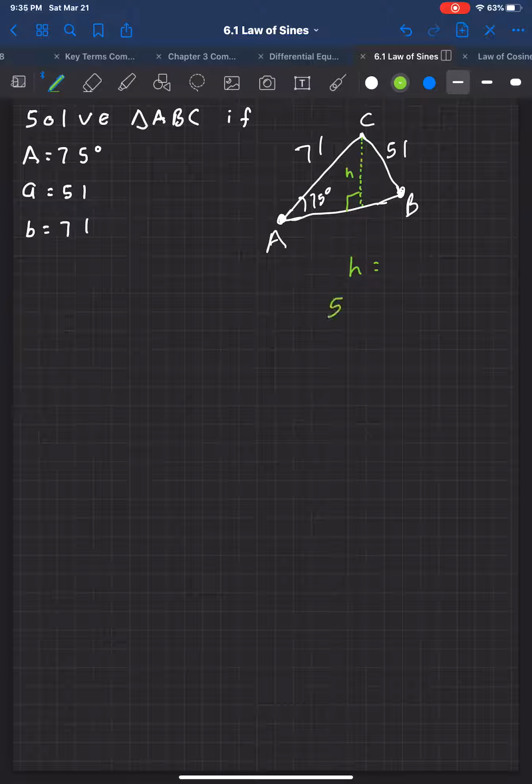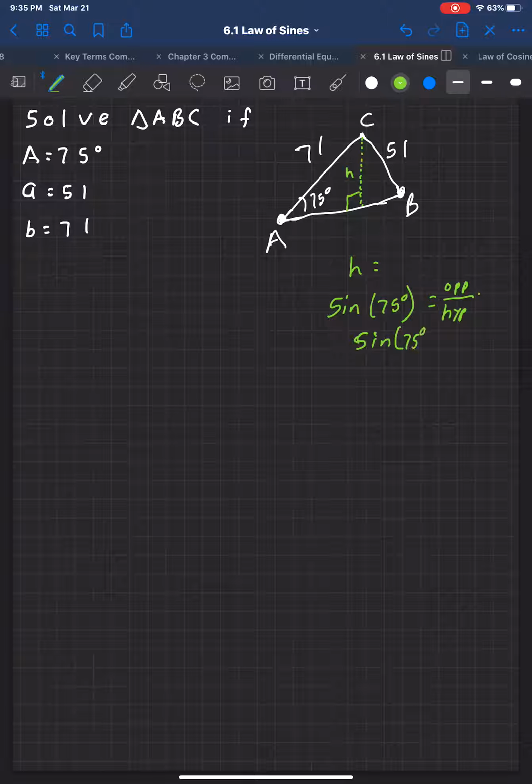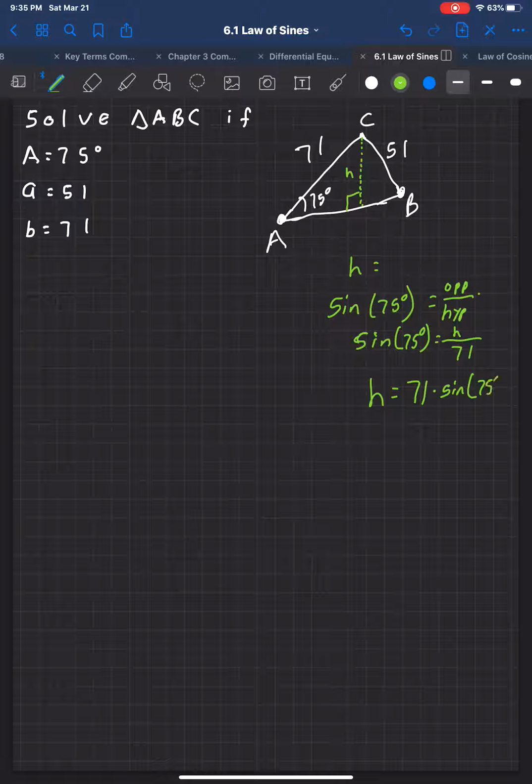So since sine of 75 degrees is equal to the opposite over the hypotenuse, that means sine of 75 degrees is equal to h over 71. So what is h equal to? H is equal to 71 times sine of 75 degrees.